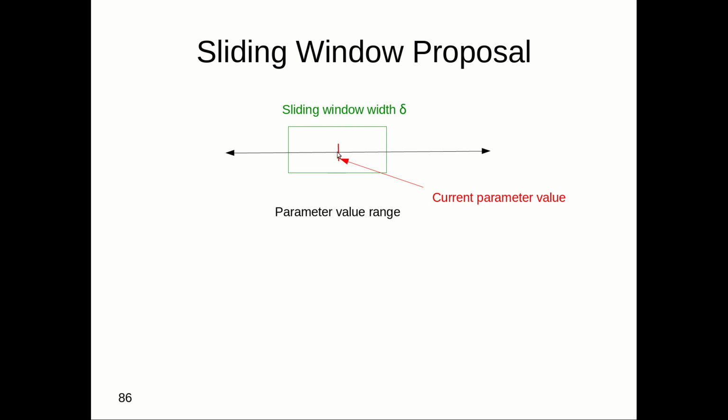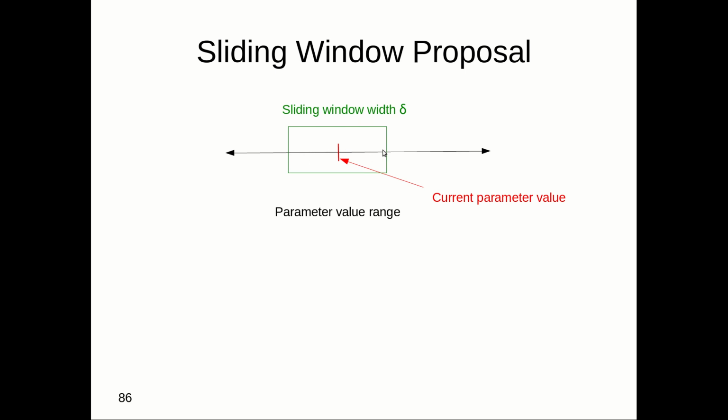So here, this is your branch length, the allowed values for your branch length, and this thing shown in red, this red line, represents the current parameter value. Then you use a sliding window of width delta, within which you're changing the value of the branch length.